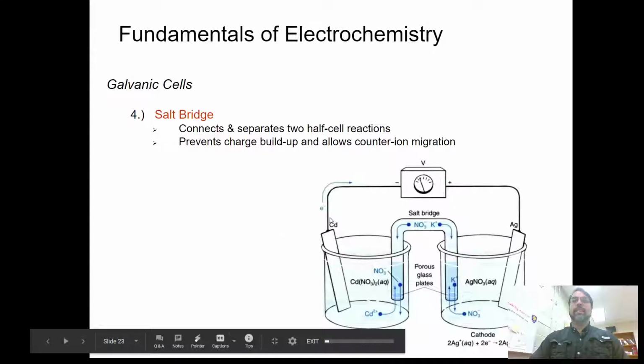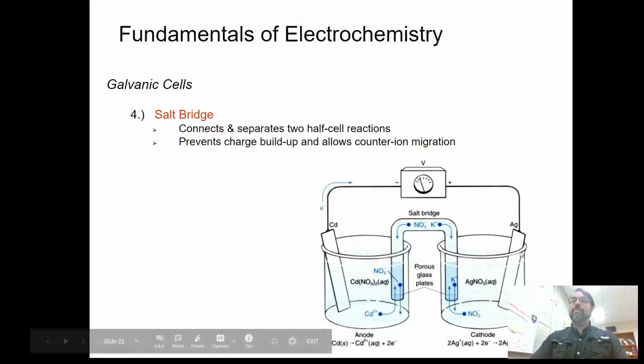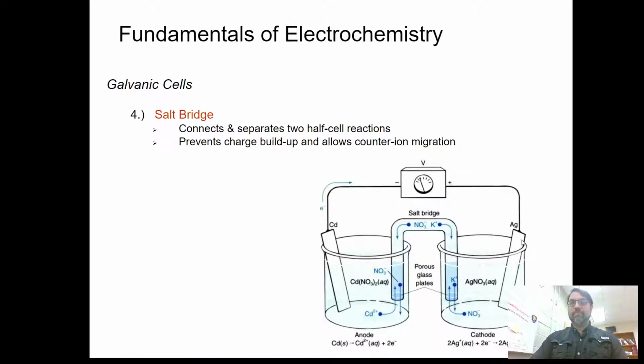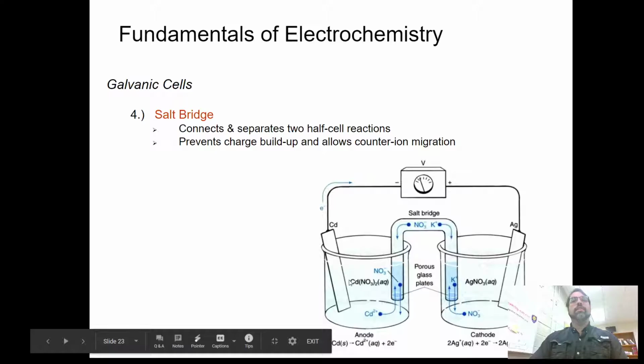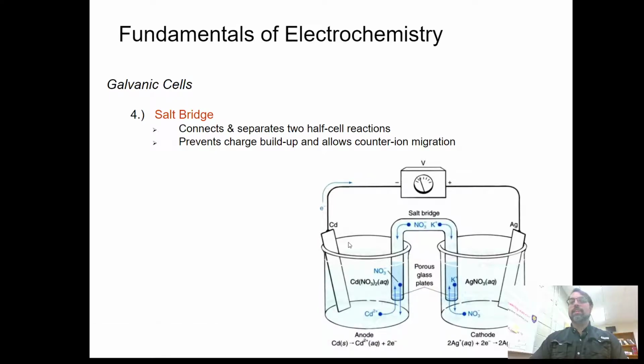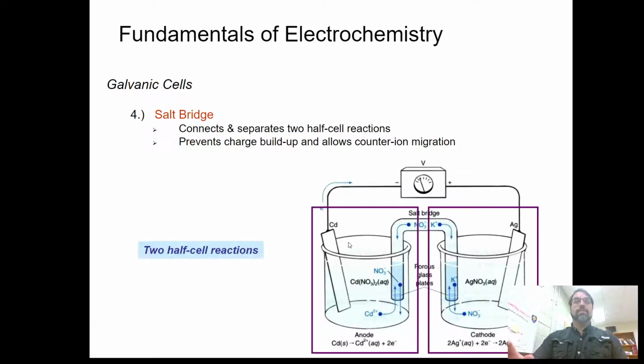Now, let's take a look at this one here. This is our galvanic cell. We have the electrons leaving the cadmium and going to the Ag. Therefore, we're going to look for the reduction potential of the cadmium going to the silver.